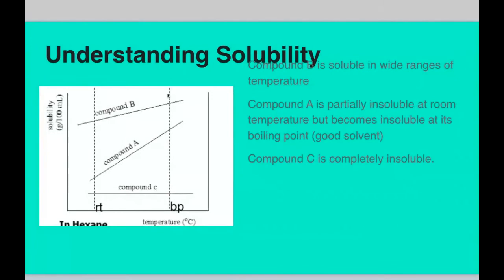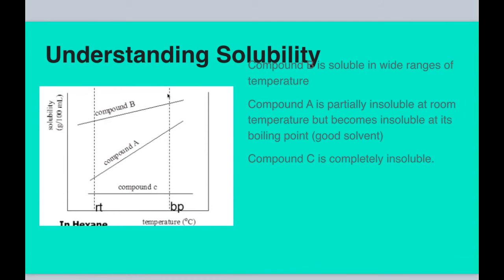And A, like you are saying, at room temperature it doesn't dissolve, but at the boiling point of hexane, compound A is dissolving, so it is our main compound. Compound C is never dissolving, that's something we are removing by hot filtration. And A is dissolving well in the hexane.